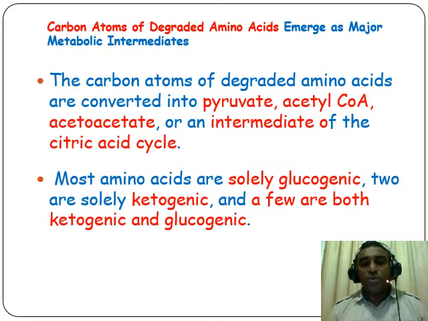There are also certain amino acids that can be both ketogenic and glucogenic. The meaning of ketogenic and glucogenic refers to what can be made into ketone bodies, hence ketogenic, or could be made into glucose through gluconeogenesis.